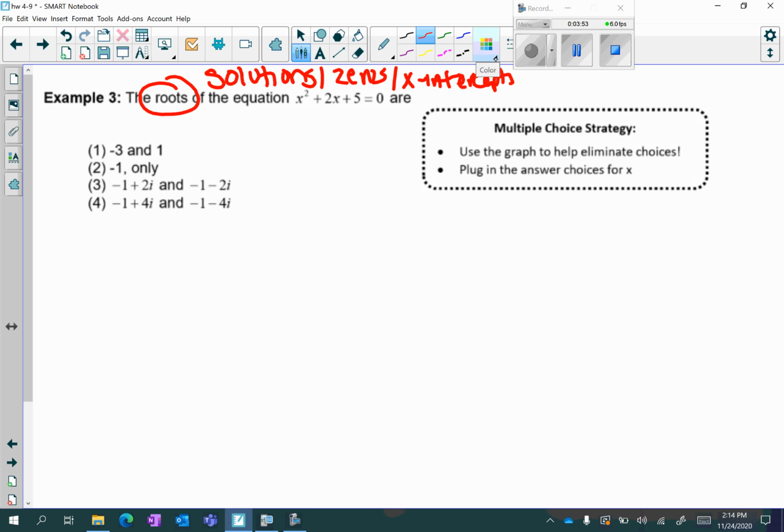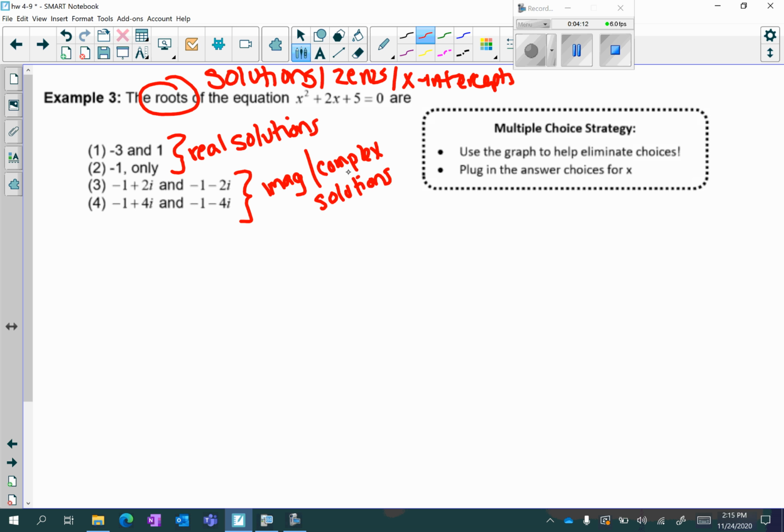So notice how choices 1 and 2 are real solutions, and 3 and 4 are imaginary or complex solutions. So the first thing I want to do is use my graph to eliminate answer choices.